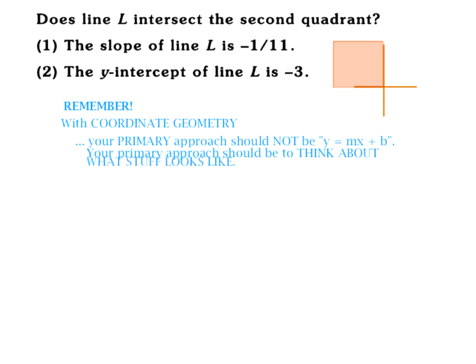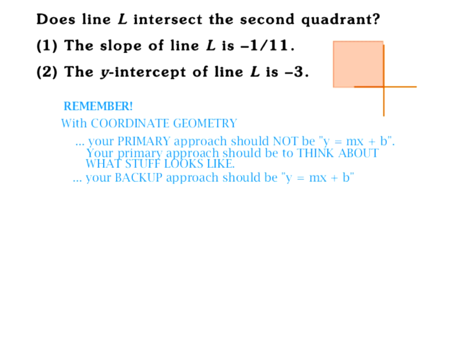That's one of the reasons why they put coordinate geometry on the GMAT, because they don't want people to just be grinding algebra all the time. I mean, most problems are about visuals. So you can use y equals mx plus b as a backup approach, but only as a backup approach, because most problems are about visuals.